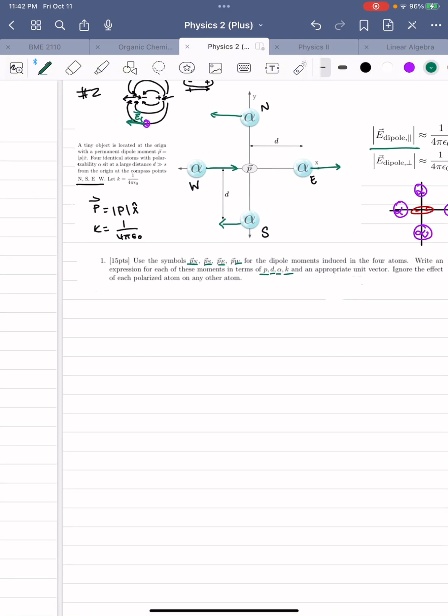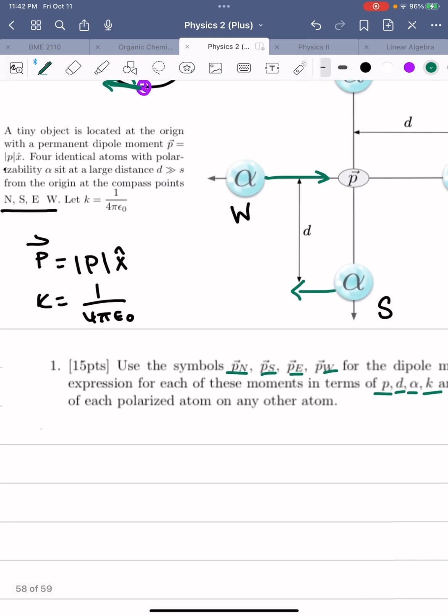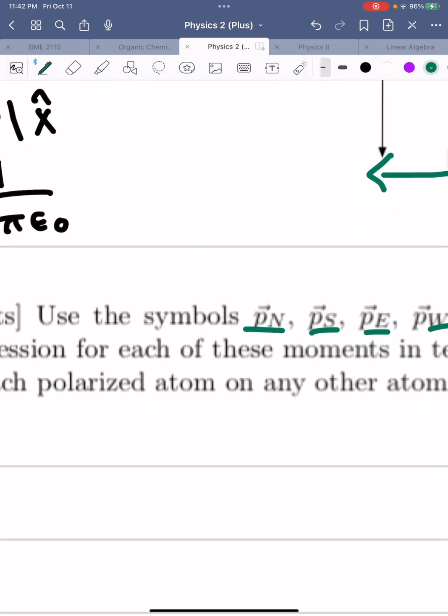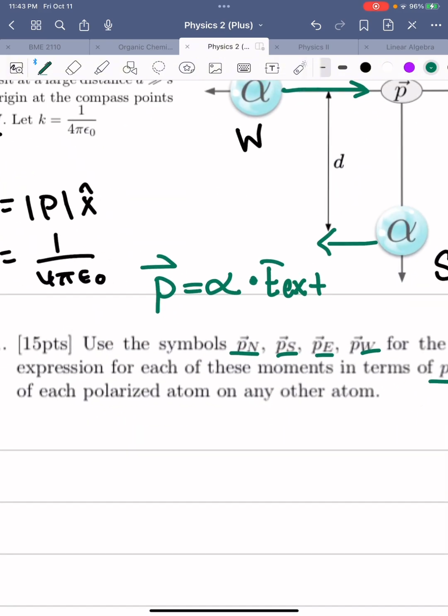We don't have enough information for these, so what other formula is there? P is equal to alpha times E external. So we're going to use this formula.